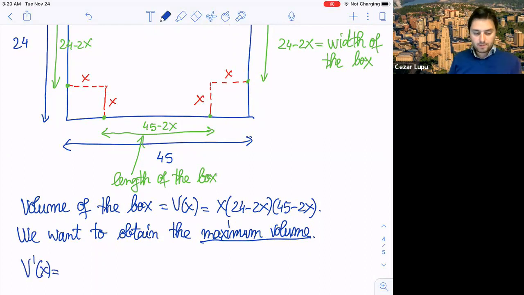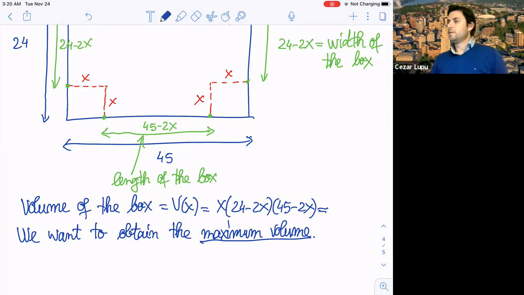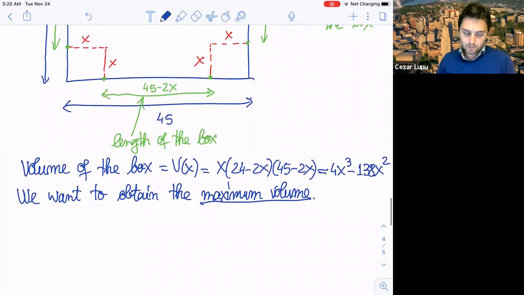You can, okay, if you multiply, let me multiply all this. So if you multiply this, this would give us nothing else than just 4x cubed minus 138x squared plus 1080x.